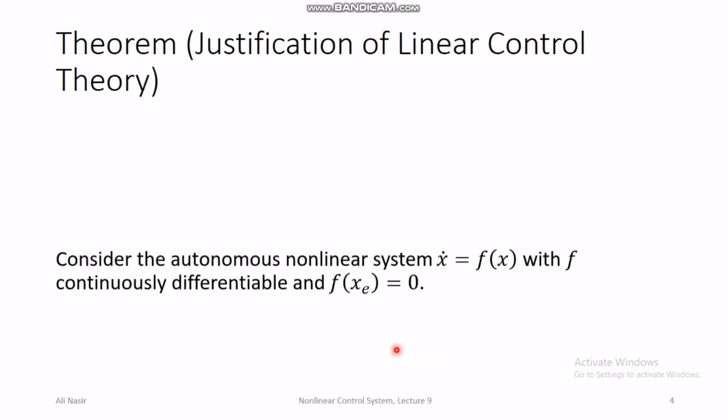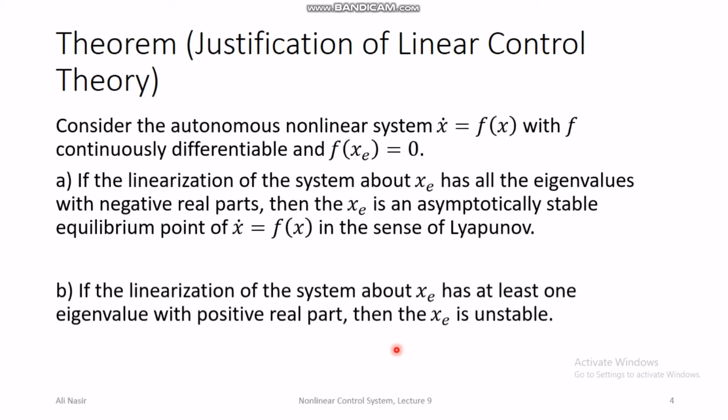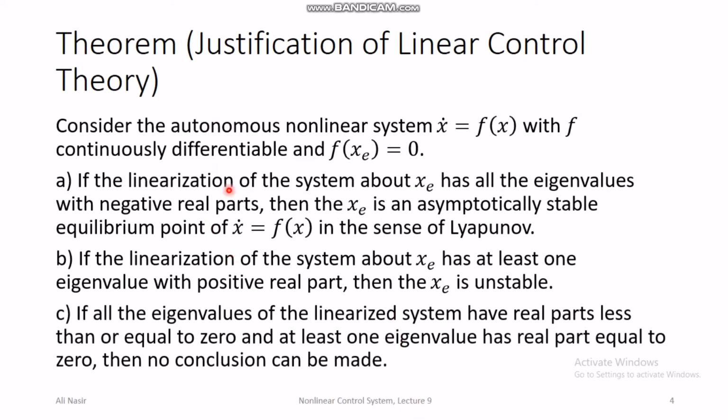Then there is a justification of linear control theory, which is the theorem that states that if you find the linear approximation of a nonlinear system and that has all the eigenvalues with negative real part, then the equilibrium point of the original nonlinear system would also be asymptotically stable.